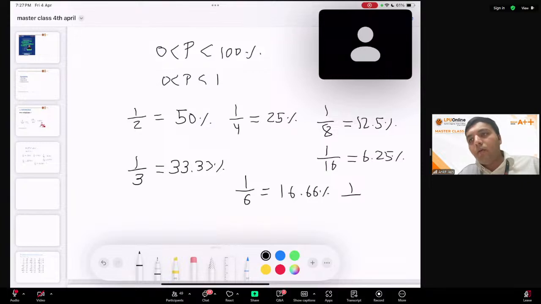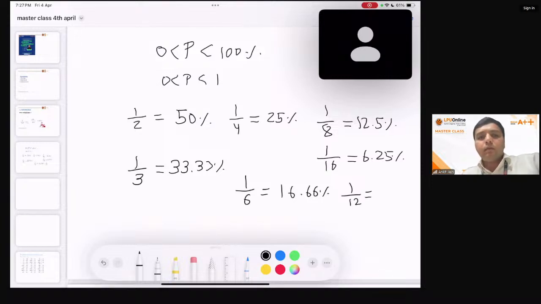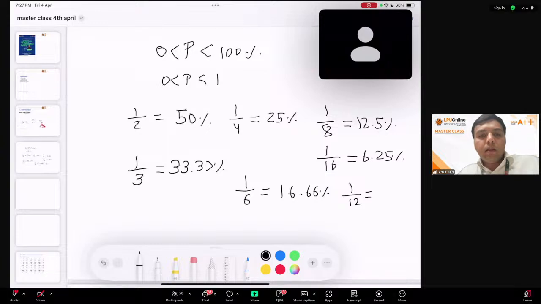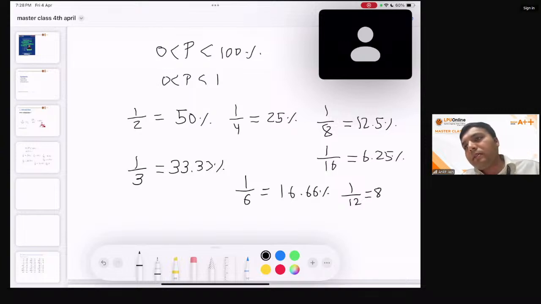And what is the value of 1 by 12? If 1 by 6 is 16.66, what is the value of 1 by 12? Yes, Mohammed, give the right answer. Yes, Ratan Lal, give the right answer. Yes, this is half of 16.66, which is 8.33%.